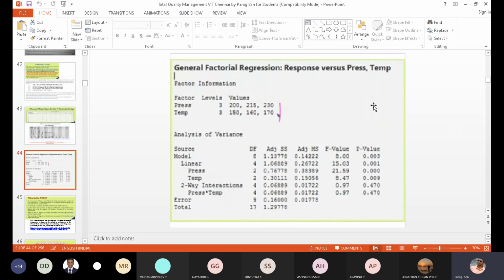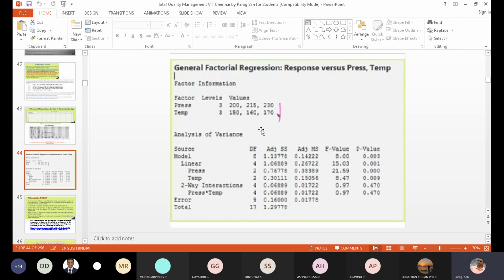Suppose when you are conducting a full factorial design, you will be interested to check what the effects of the independent variables or input variables are on your response variable y.